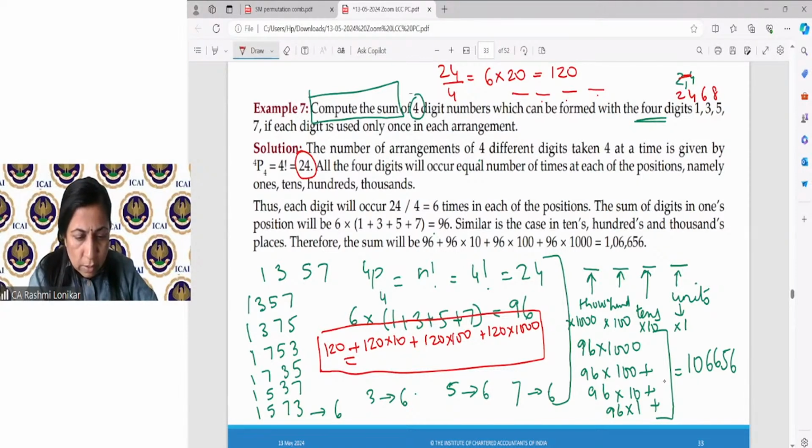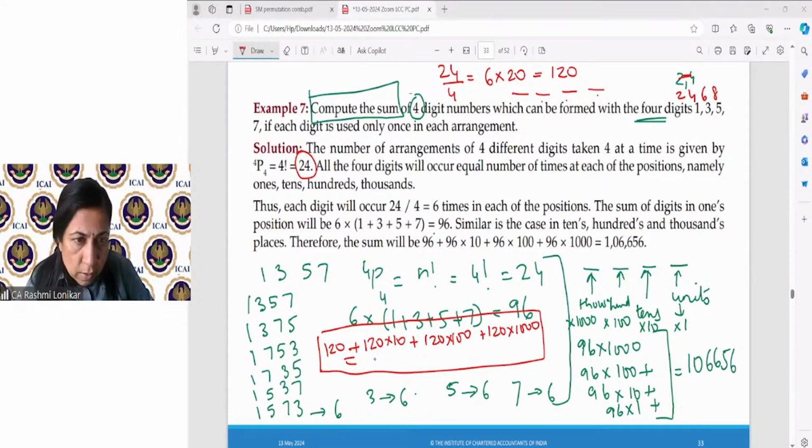This is 120 into 1000 plus 120 into 100 plus 120 into 10 plus 120. 13320. Yes, thank you everybody for the answer.